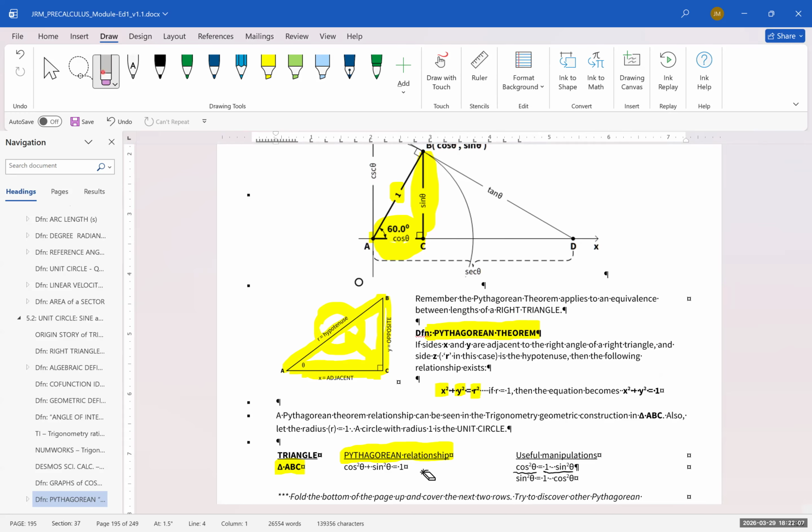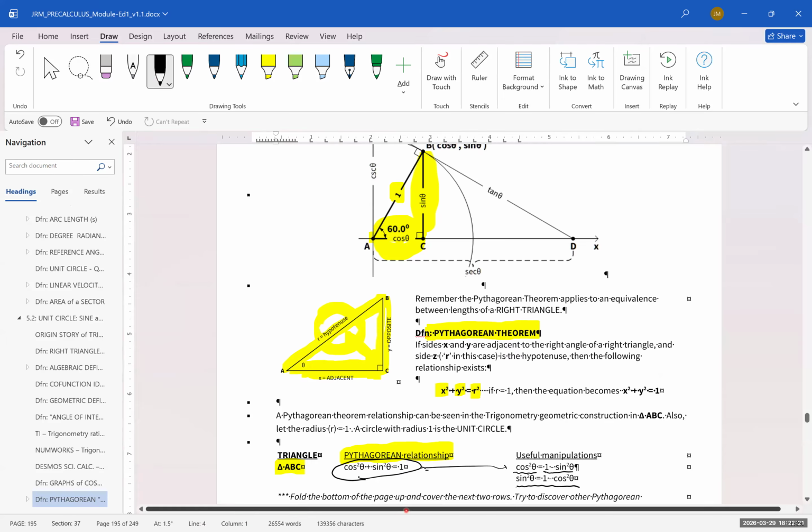And if instead of subtracting sine squared from both sides, you subtract cosine squared from both sides, then you end up with this one. So from this one Pythagorean identity, you can manipulate it to get these two alternate versions of it, which may end up helping you.